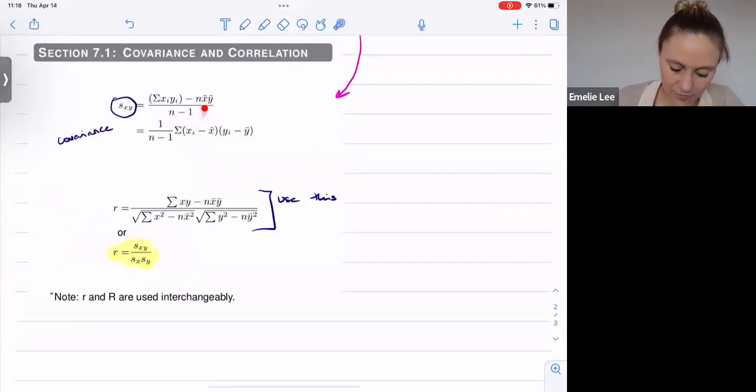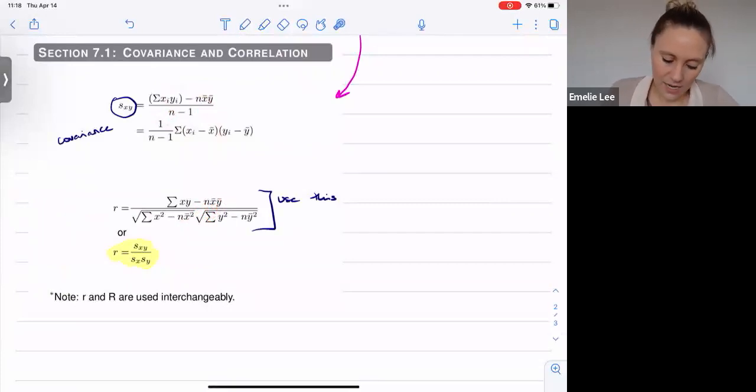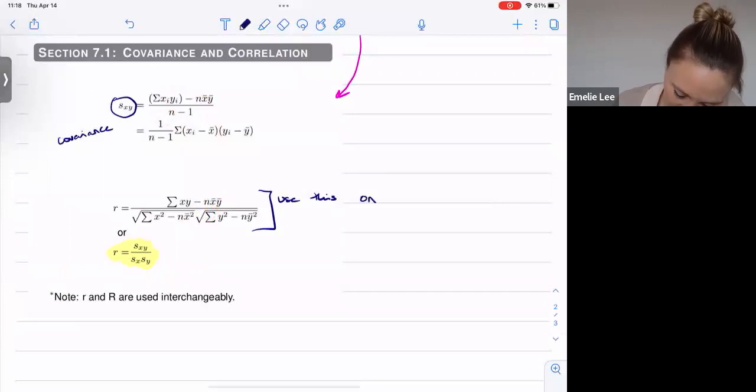You'll use these formulas on the assignment, but it gives you the summations, so that's kind of nice. You just plug them in. It's not bad.